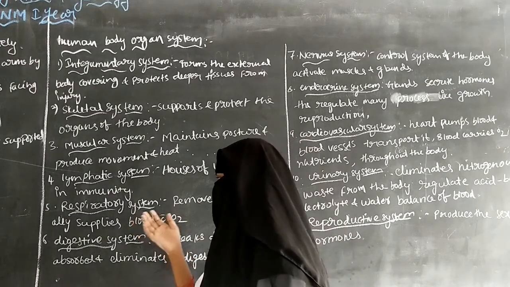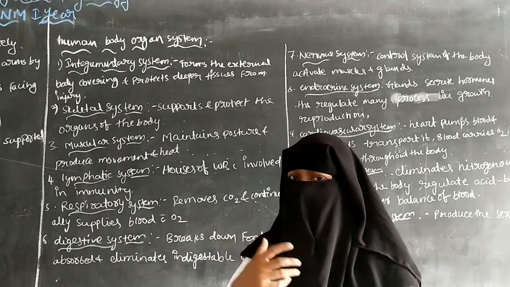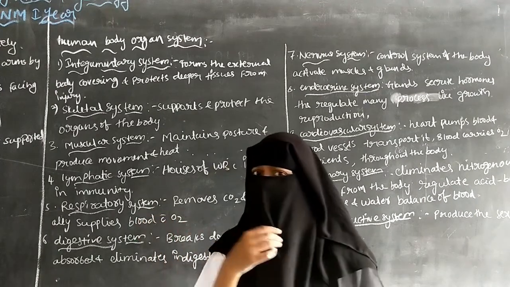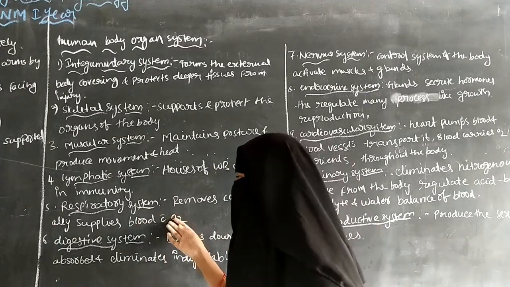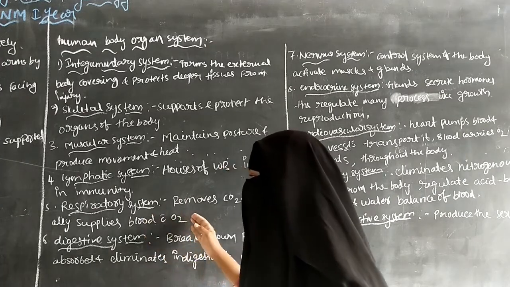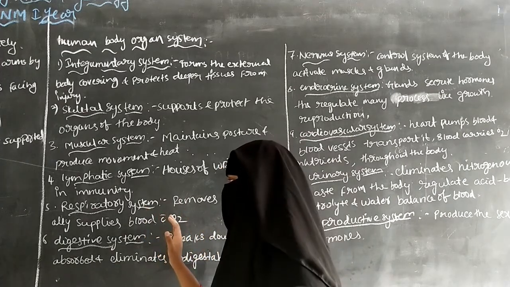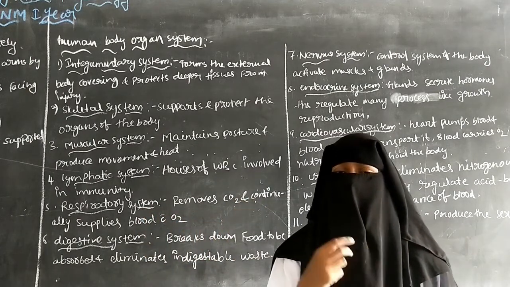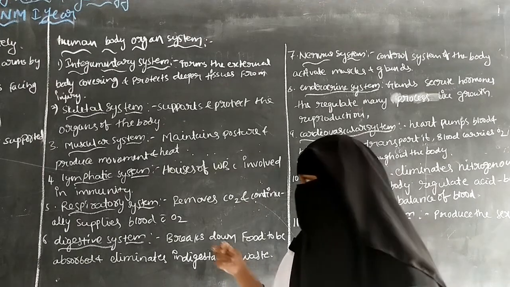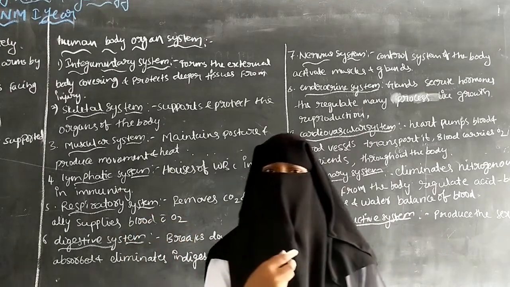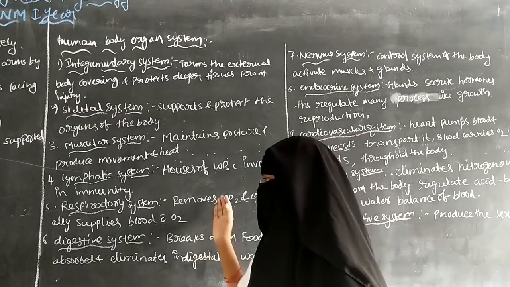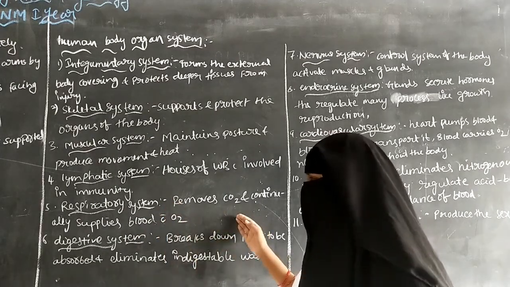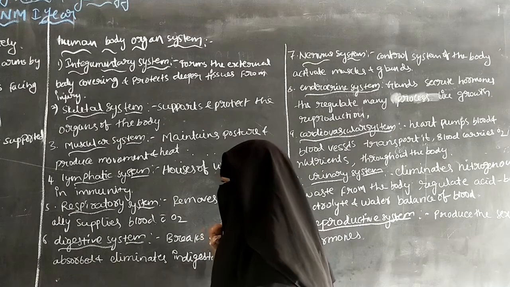The respiratory system includes the nasal cavity, pharynx, larynx, trachea, bronchus, and the lungs. So the air passes through to the lungs. So it is the respiratory system.